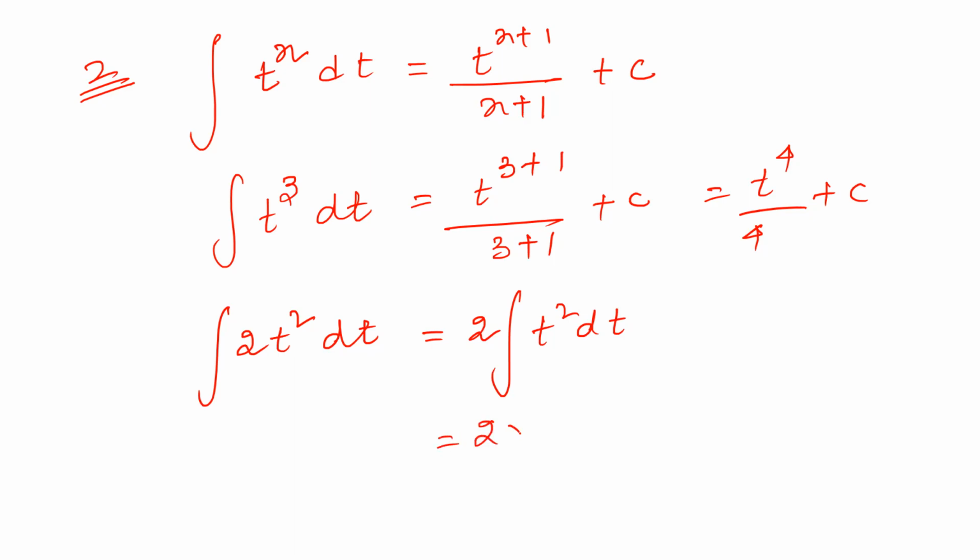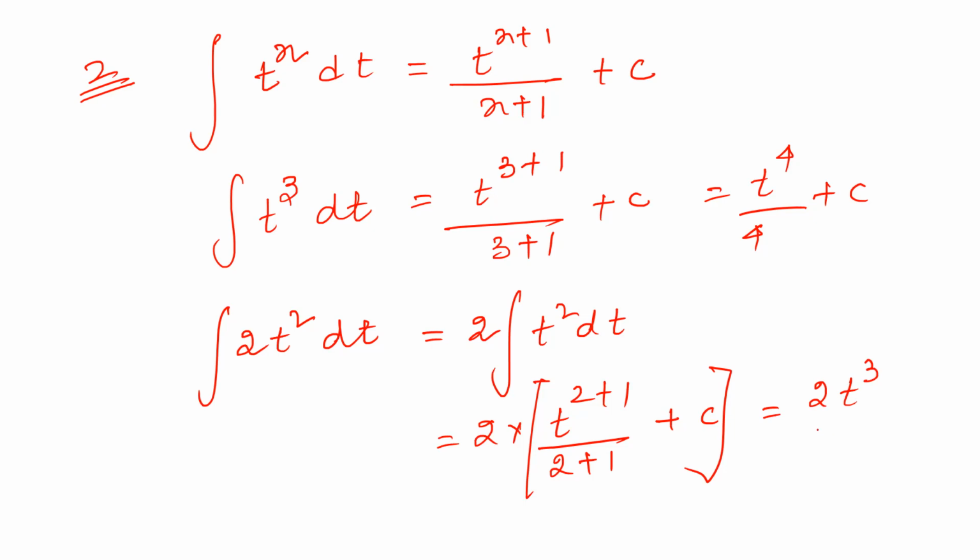I will use the formula, t to the power of 2 plus 1 divided by 2 plus 1, plus c, and it will be 2 into t to the power of 3 divided by 3, plus c. That much is enough. If you have any doubt up to that, you can tell me.